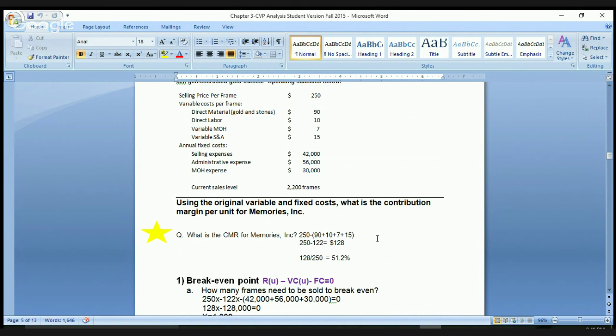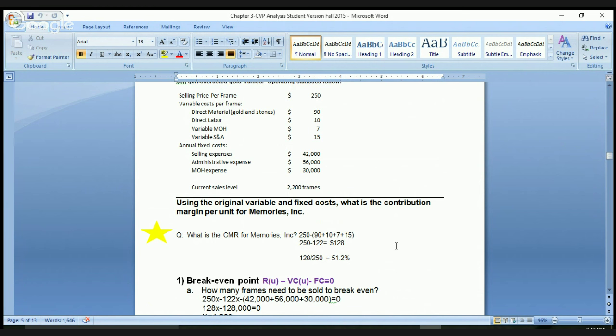If I add $90, $10, $7, and $15 together, I come up with 122. Take that from 250, and my contribution margin is $128. Now, how do I figure out the contribution margin ratio or rate? I take the 128 and divide by the 250, which is my sell price, and so my contribution margin ratio is 51.2%.